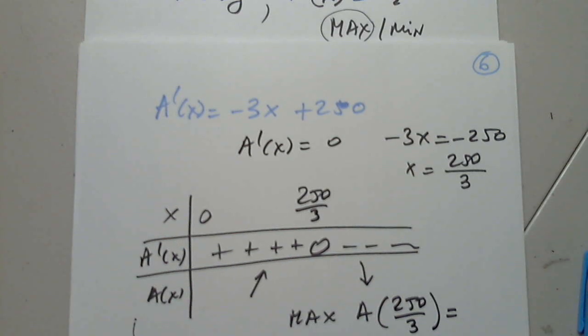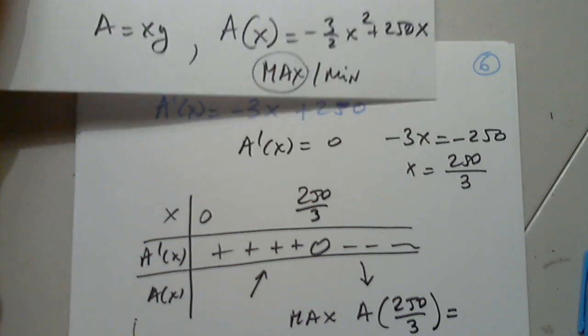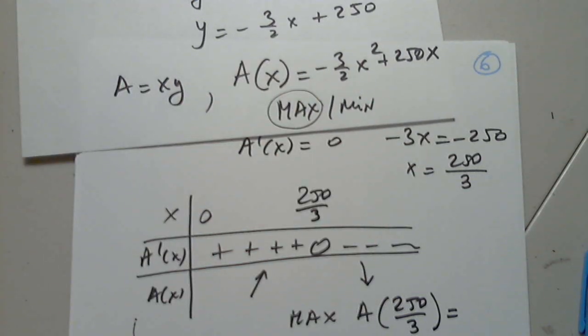And I will put it in the graphing calculator. Where is my function? Or just plug it in. It's just one value. If you want to put in y equals, you put in the y equals, or negative 1.5, and in parentheses, I have 250 over 3, and I have to square that. And then plus 250 times 250 over 3.